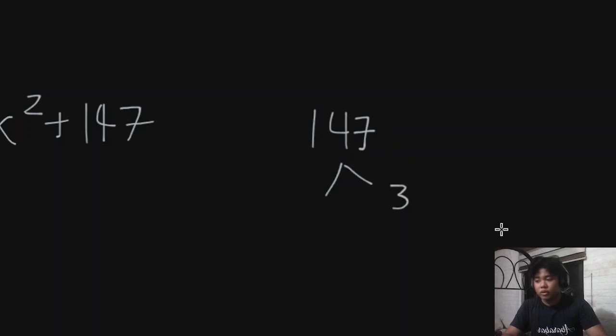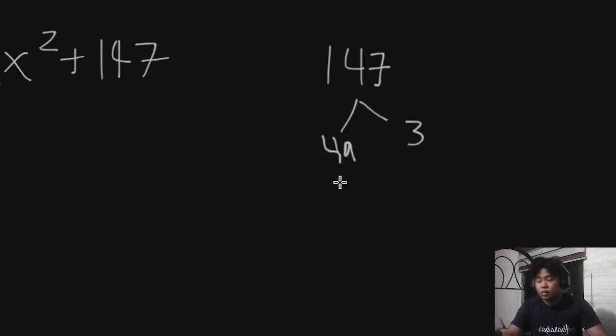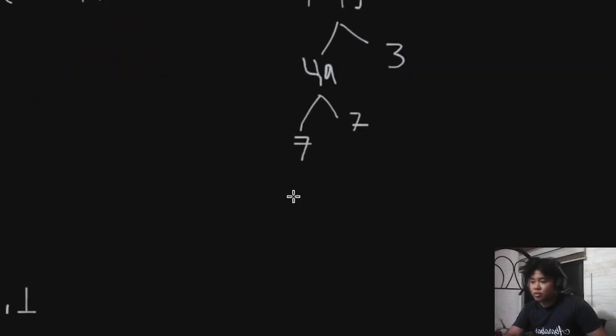So therefore 3 is a factor. And indeed it is, because this will give us 49. And 49 is divisible by 7, which means it has factors of 7 and 7. Now we have listed out the prime factors, which is 3 times 7 squared.